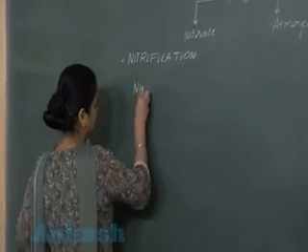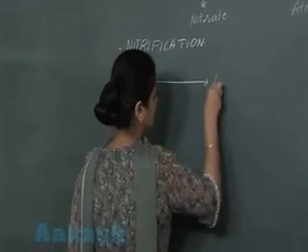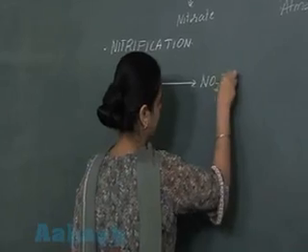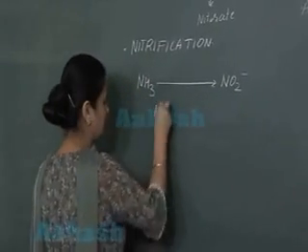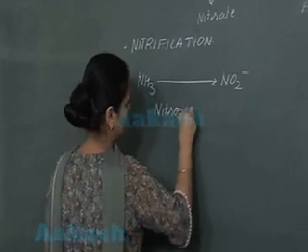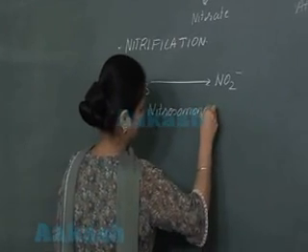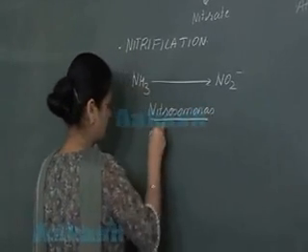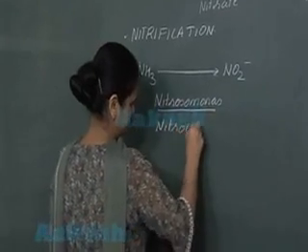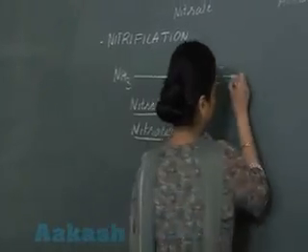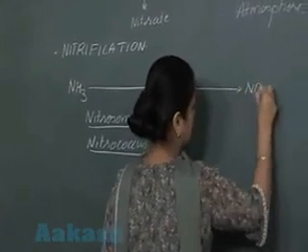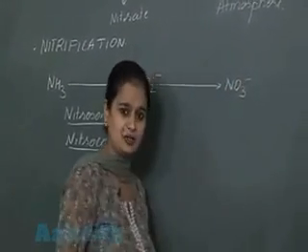Ammonia is converted into nitrite first, and this reaction is performed by bacteria like Nitrosomonas and Nitrococcus.